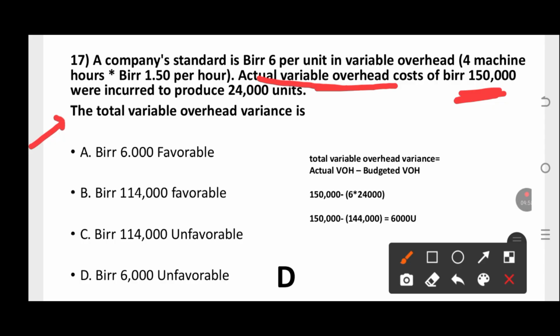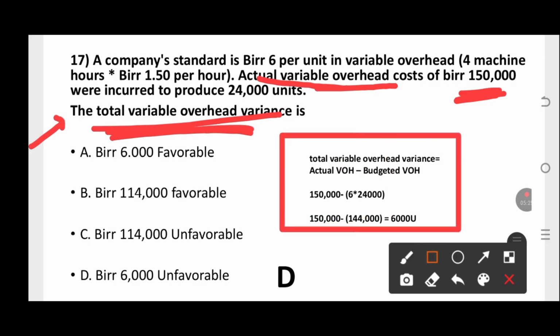The question is about the total variable overhead variance. Total variable overhead variance equals actual variable overhead minus budgeted variable overhead.